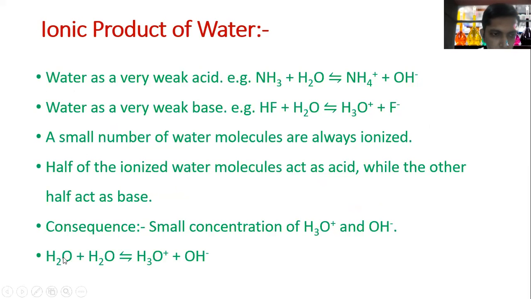So this water molecule is acting as an acid, and this water molecule is acting as a base. It will donate a proton to this water, and they will form hydronium and hydroxide ions.